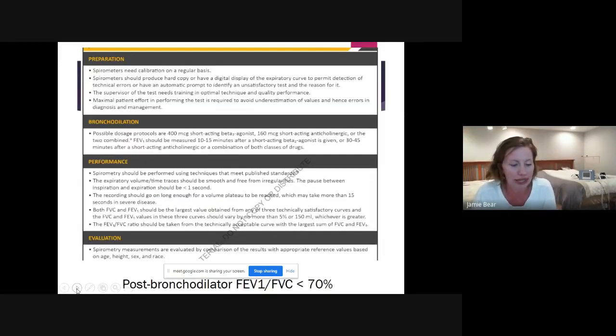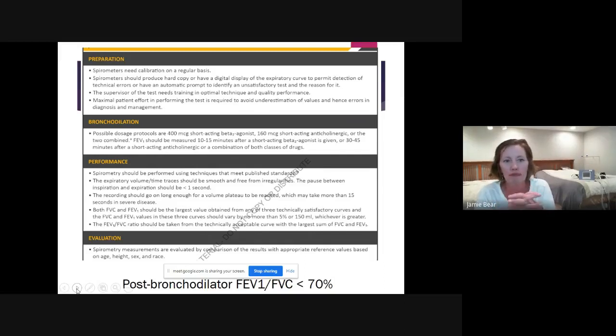So once again, spirometry is the only way to say that patients for sure have COPD. So you're looking at post-bronchodilator results. Patients are going to get their spirometry, and then they can take their inhaler of a bronchodilator, and then you're looking at those post-bronchodilator results.